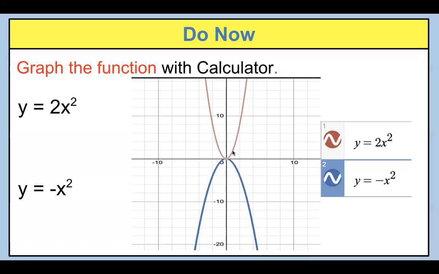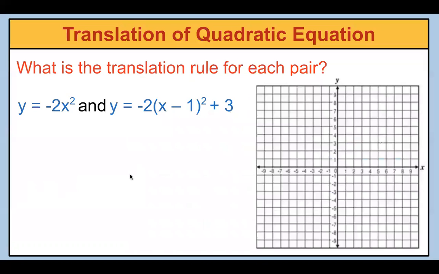That's why when it goes much steeper, faster, the graph becomes narrow. Everybody get it? So which will make it like that? The coefficient of x squared, the bigger, the steeper, because it's faster, right? All right. Then let's go to today's lesson.